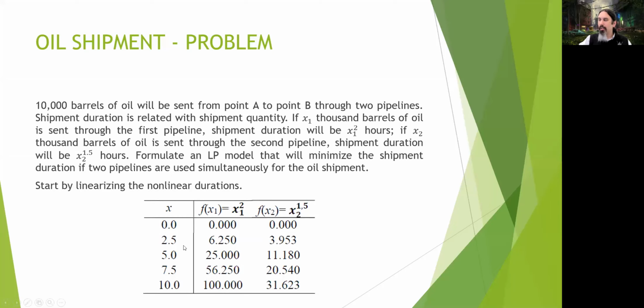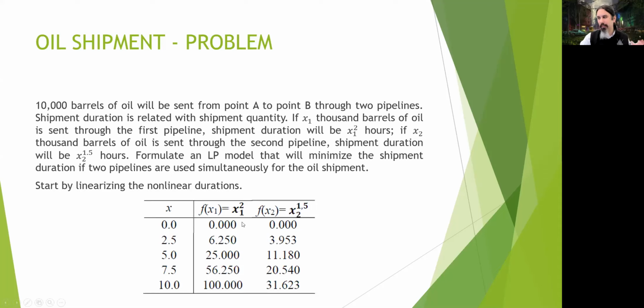If I send 5 to each of them, the first one will give me 25 hours and the second one will give me 11 hours. So the maximized value is 25, which is better than 56 anyway. And if I send 2.5 to the first one and 7.5 to the second one, I will get 6 and 20. 20 is better than 25, so it's better yet.